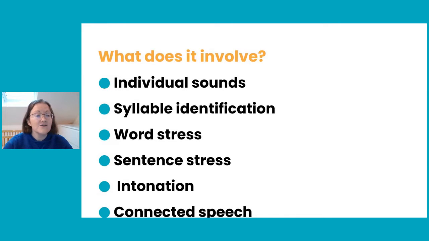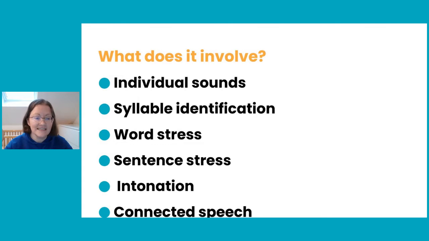So when we talk about teaching pronunciation, this covers a huge variety of areas, okay? So teaching pronunciation involves working on individual sounds. It includes syllable identification. It also includes word and sentence stress.